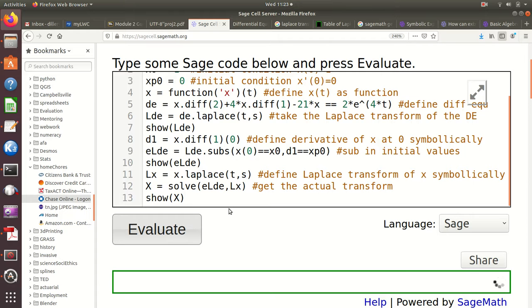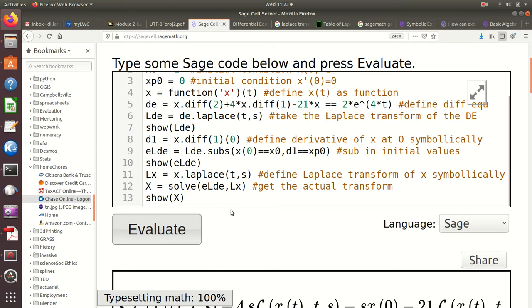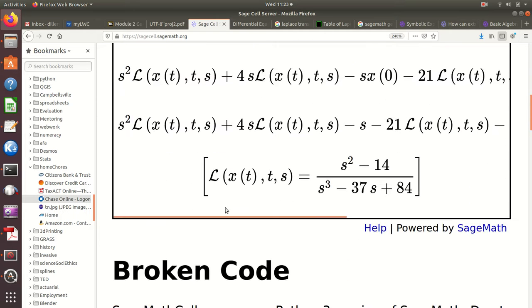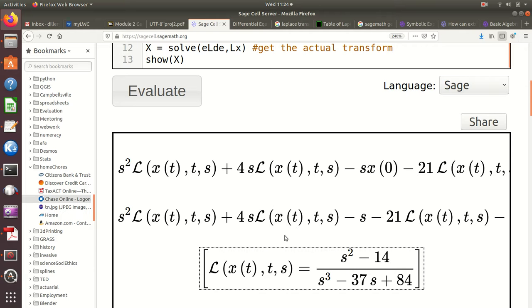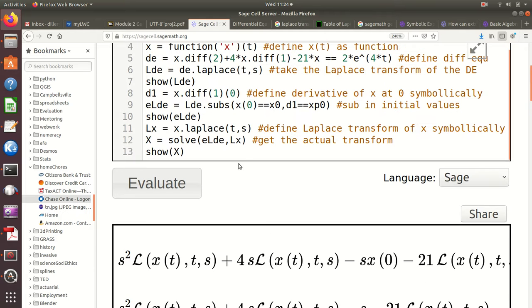So I evaluate, I show that x. And you see I get this answer, but one thing I noticed was that it's inside square brackets. Well, I want to be able to get to just this right-hand side over here, so first I have to get it out of the square brackets.